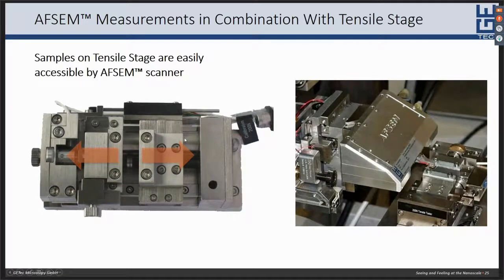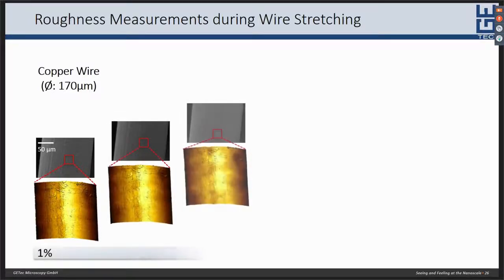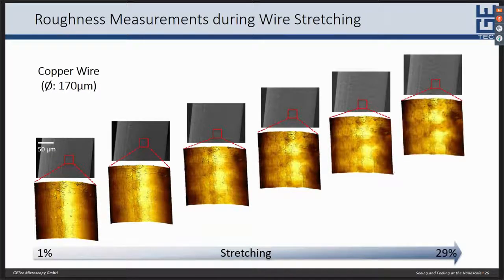Now consider a copper wire which is fixed between the brackets here of the tensile stage and stretched along its axis. The AFSEM now allows correlative SEM AFM imaging of the surface of the wire, which exhibits a significant increase in surface roughness under stretching, which can be quantified by the in-situ AFM measurement.